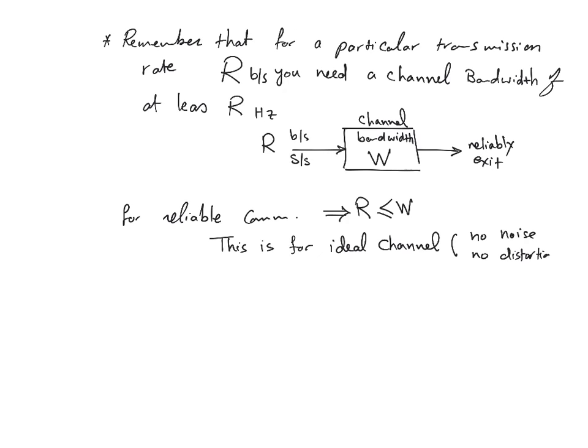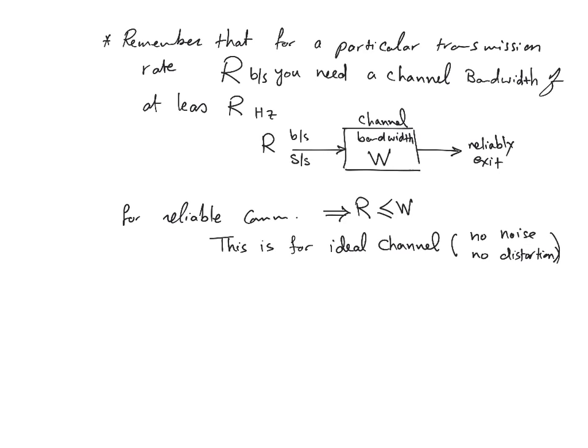We called it distortion last time, right? So in case of no noise, no distortion, the channel is ideal. The only limitation is that it has a certain bandwidth. You have to make sure that the rate that you put into the channel must be smaller than or equal to the bandwidth of the channel. Otherwise, you will lose data, right?